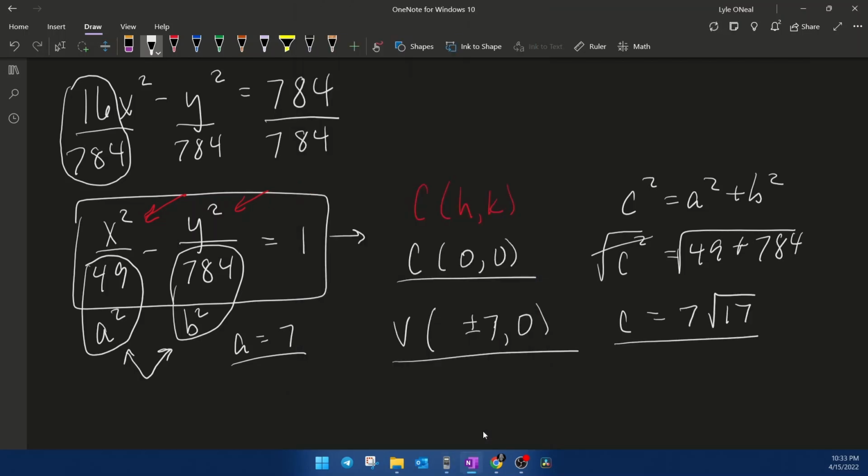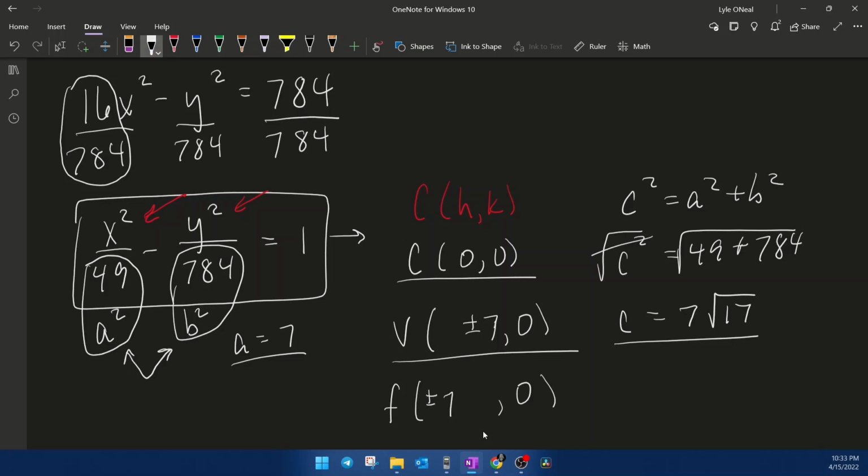Notice the Casio gives that in simplest radical form. Now that we know the value of c, we know the formula for the foci in this case, h plus or minus c, comma k. Again, h and k are both 0. And since c is not an integer, we're going to leave that in simplest radical form.